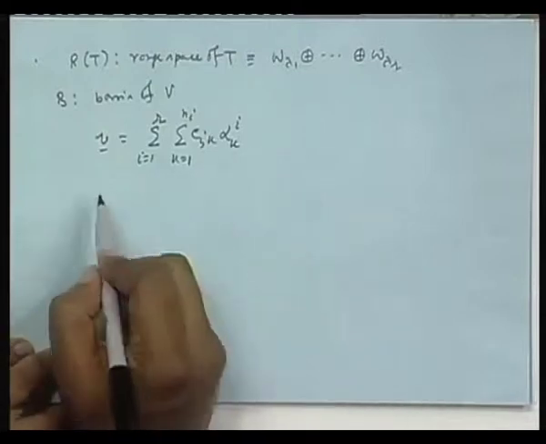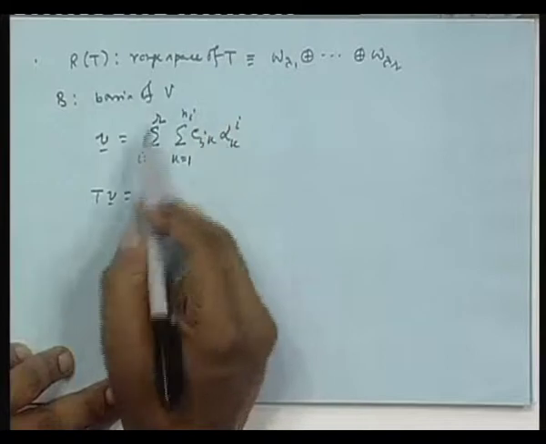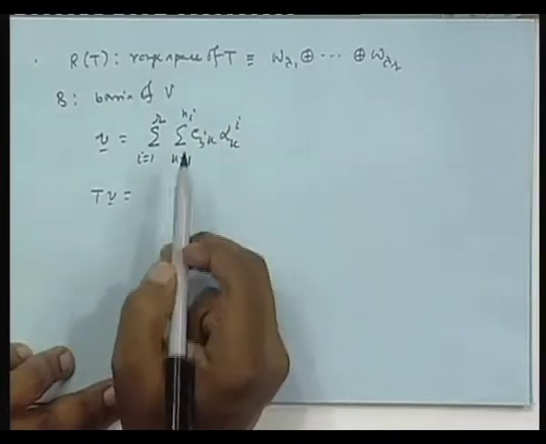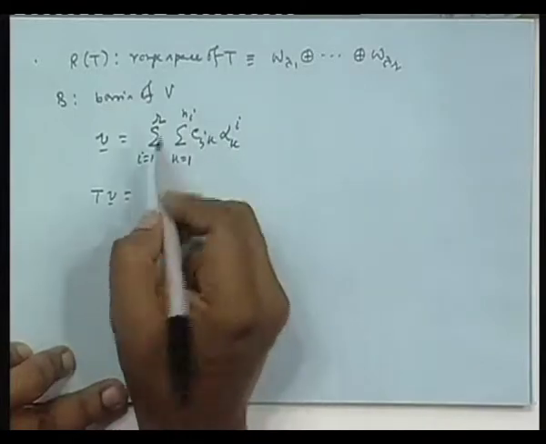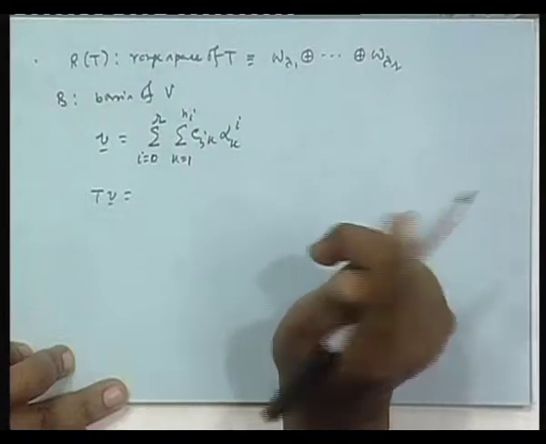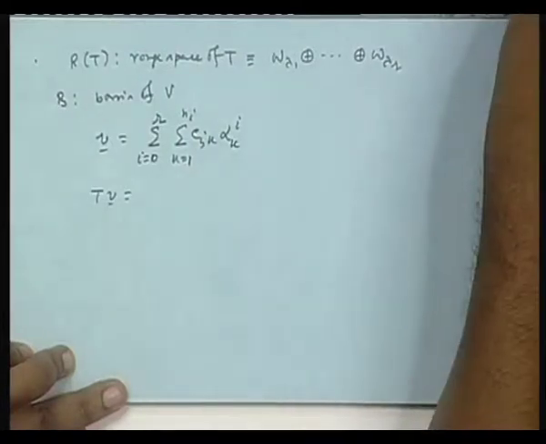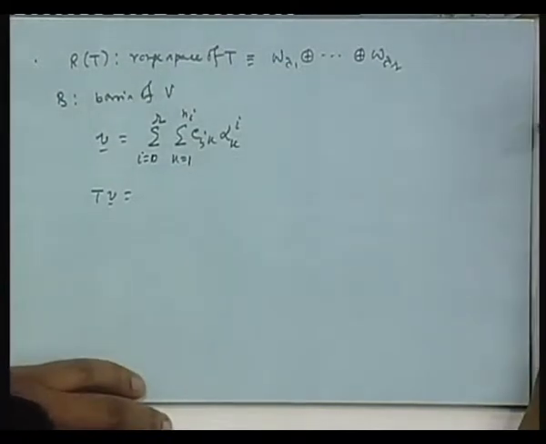In that case, where will T v be? T v means T will work on this linear combination, and using linearity of T, T will work directly on this vector. I am sorry, it should be i equal to 0, because we consider the case where we have got the eigenvalues from W 0, from lambda 0, which is the 0 eigenvalue, to lambda r.